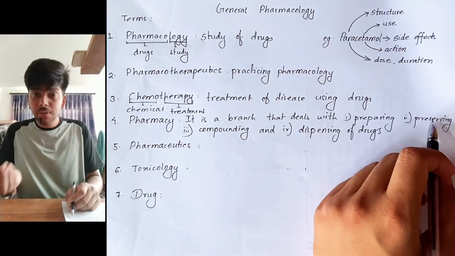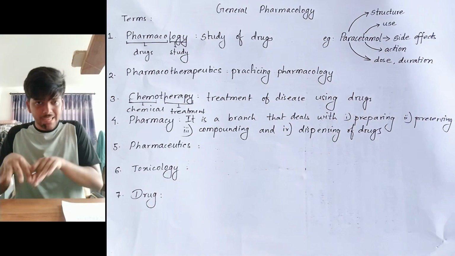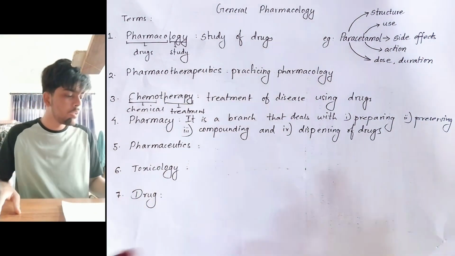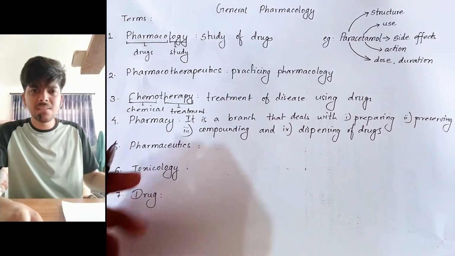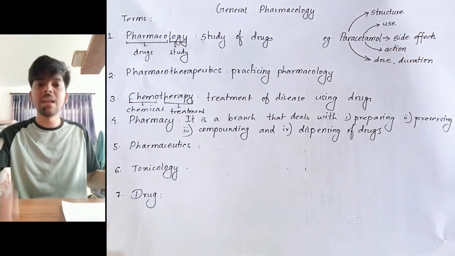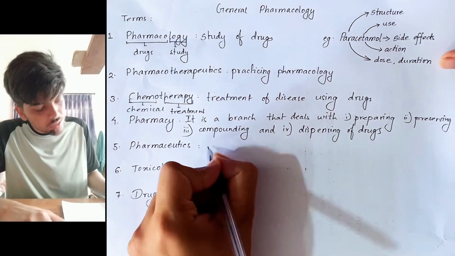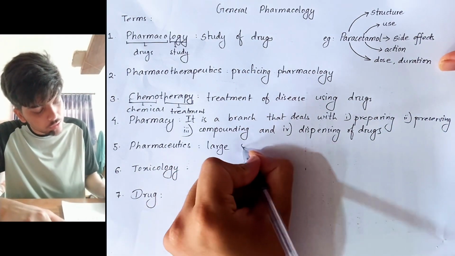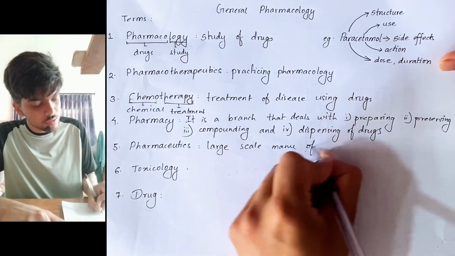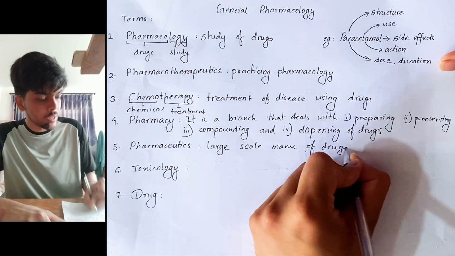Preparing, making; preserving, storing; compounding, mixing; and dispensing, giving away. That's pharmacy. Pharmaceutics. Pharmaceutics is similar to pharmacy, but when the stuff or the process are done at a larger scale. Basically, the large scale manufacture of drugs comes under pharmaceutics.